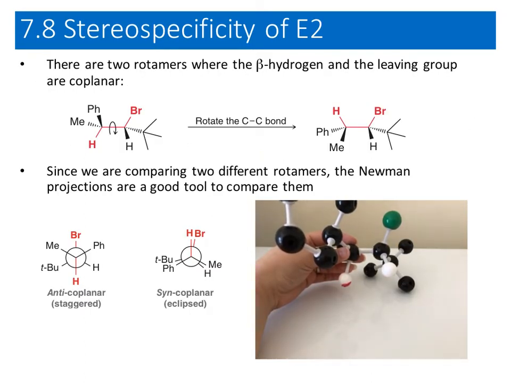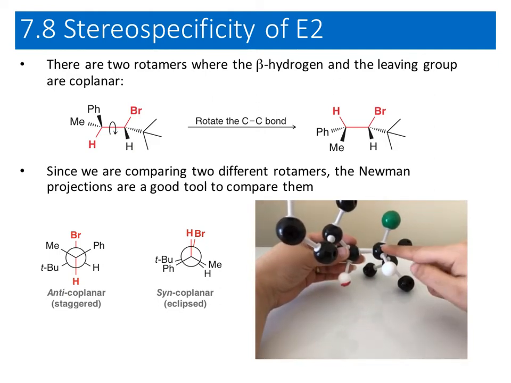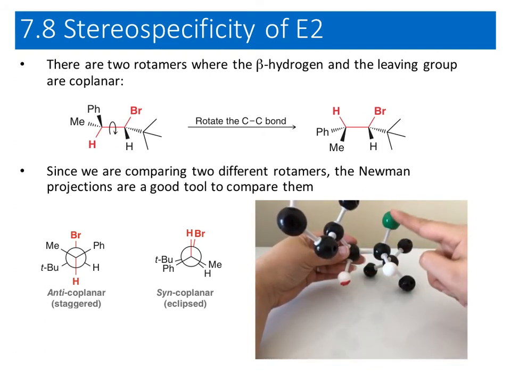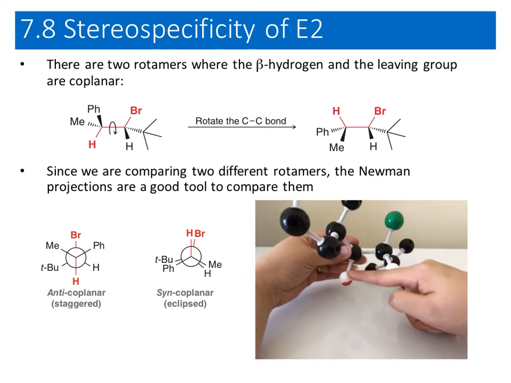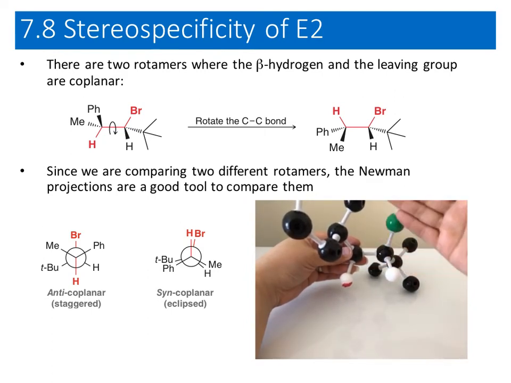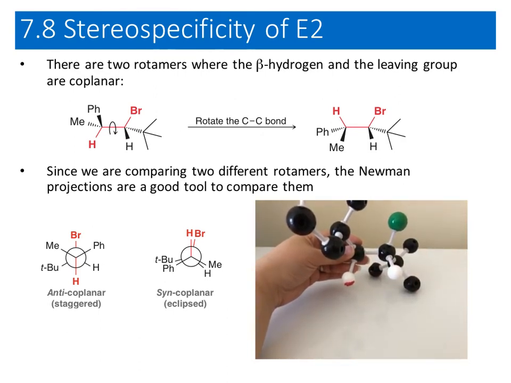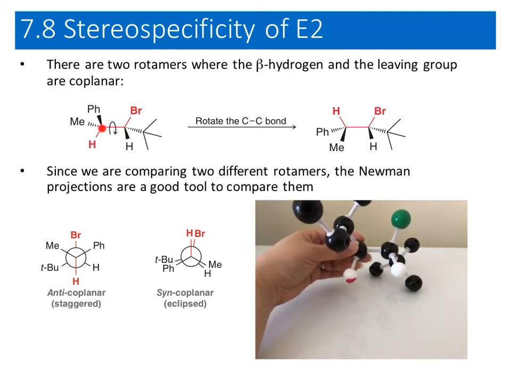Now here is the model of molecule that we are working on right now. So this is bromine, alpha carbon, beta carbon, and beta proton. They are all in the same plane. So if you imagine there is a plane passing through these four atoms, they are coplanar. And they are shown here in the wedge and dash structure. So bromine, alpha carbon, beta carbon, and beta proton.